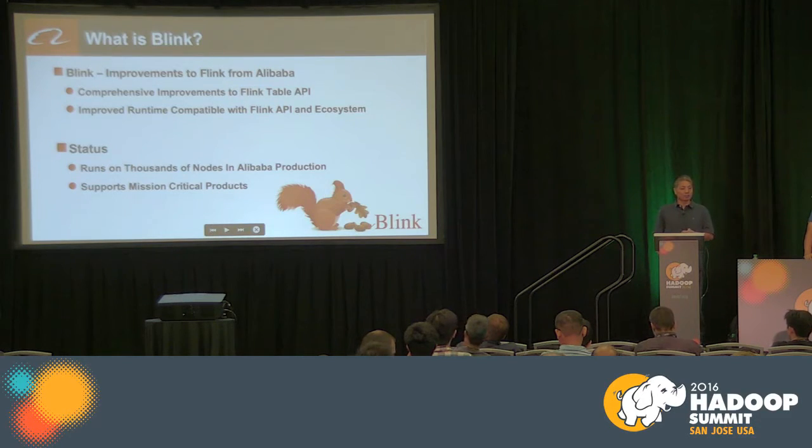In addition to this SQL layer, we also made a comprehensive improvement to its underlying runtime to make it more scalable, more robust, and easier to manage in production. With this project, we were able to put Blink in production in Alibaba Search. The two use cases you see are already in production and serving the traffic. They are running on a cluster of 1,000 nodes, and each one has thousands of cores.